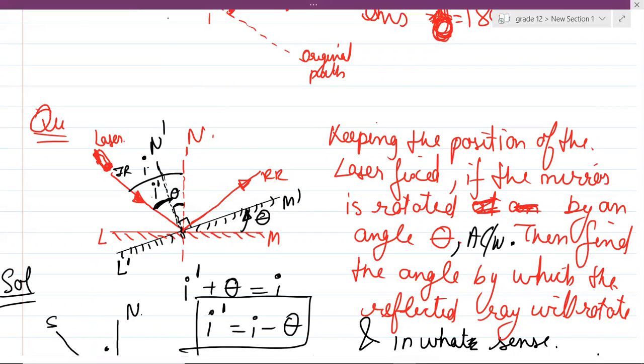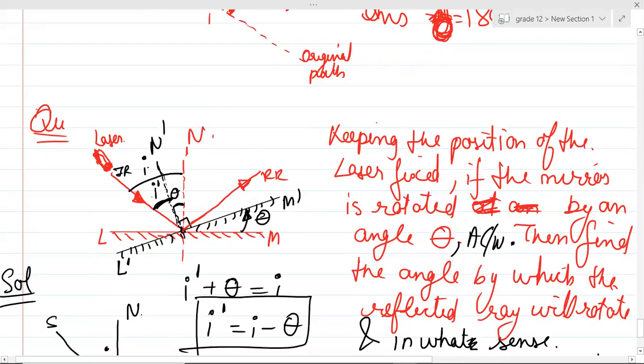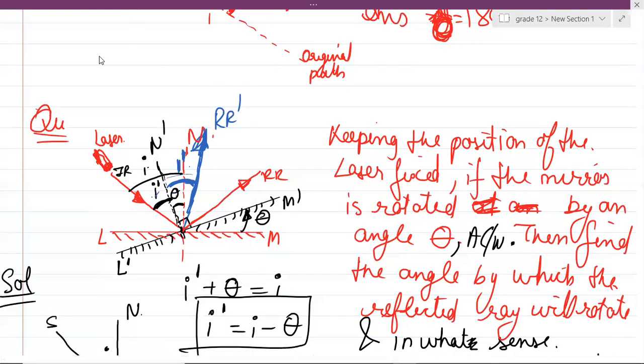The new reflected ray will go somewhat like this, R dash, at the same angle from the new normal, which is I dash, right? So we understood that the new normal makes I dash, and the previous angle was I. So this angle is also I.